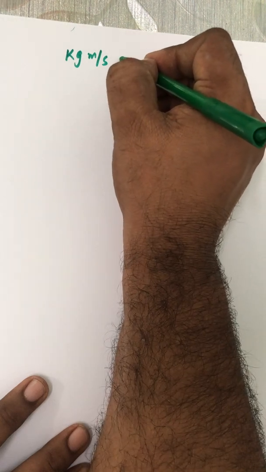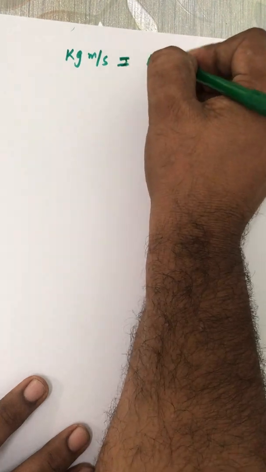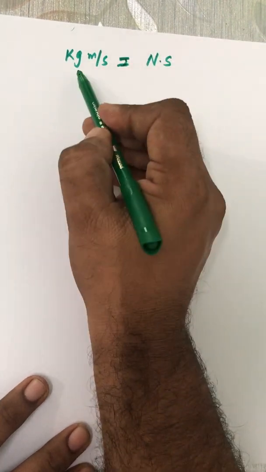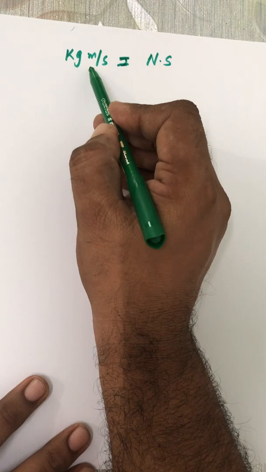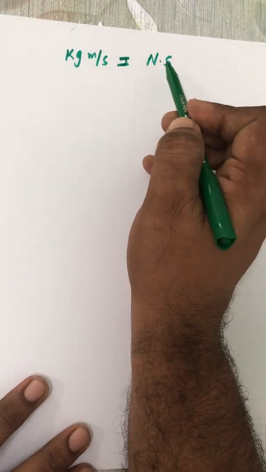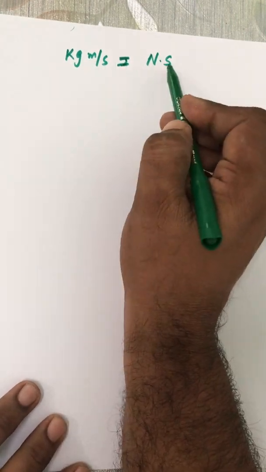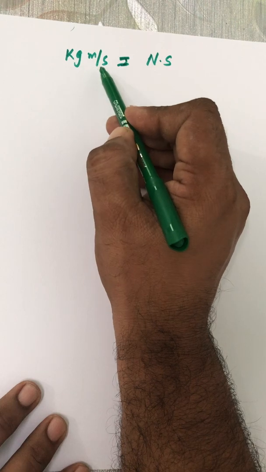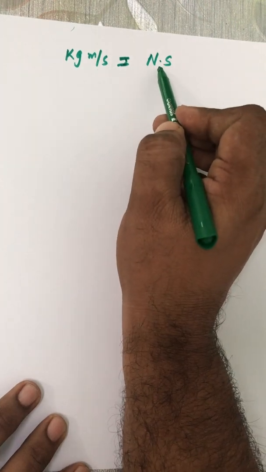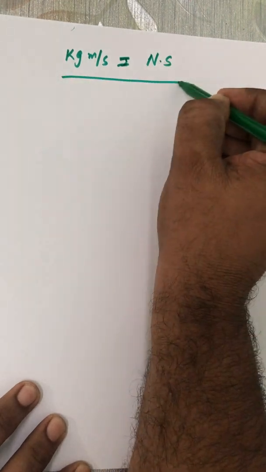So these two are equal. Kilogram meter per second is equal to Newton second, means you can use kilogram meter per second or Newton second as a unit of momentum or impulse. Both are the same. So wherever you are writing kilogram meter per second, you can write Newton second, or you can replace Newton second by kilogram meter per second. These two are equivalent.